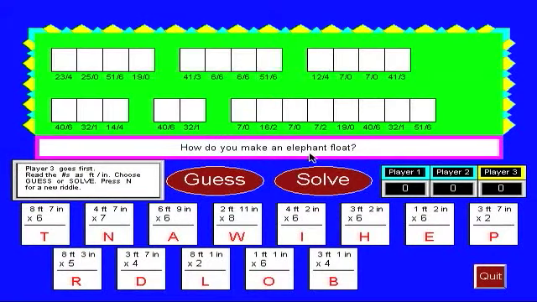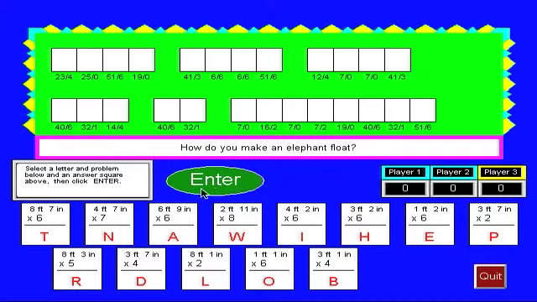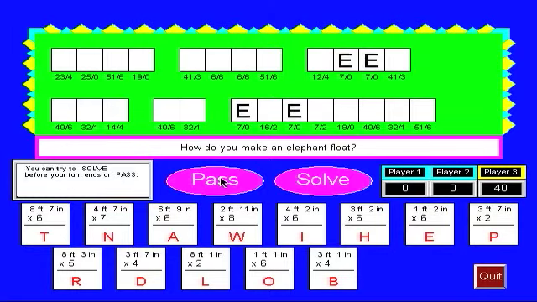So how do you make an elephant float? So let's say like E, 1 foot, 2 inches, 6 times. So that gives you 6 feet and another 12 inches, so 7 feet, no inches.